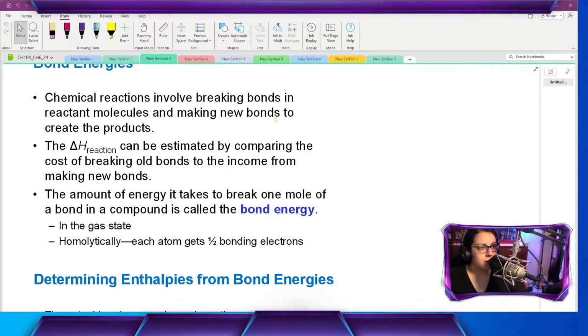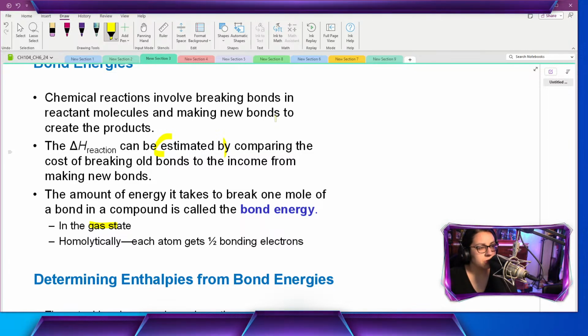And all these calculations assume that we're in the gas state, and so that's where we say we can estimate it when we look at reactions in real life. Maybe it could be in other states, and you can't account for that, but we won't get into it right now. So we're just talking about how to calculate in the gas state.